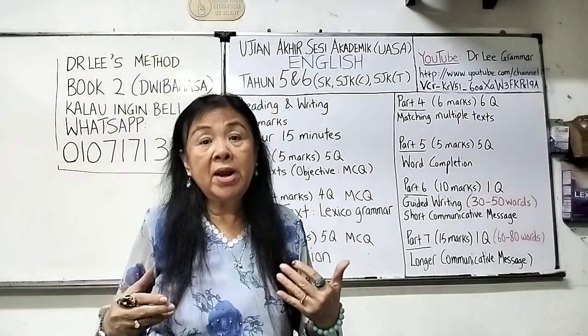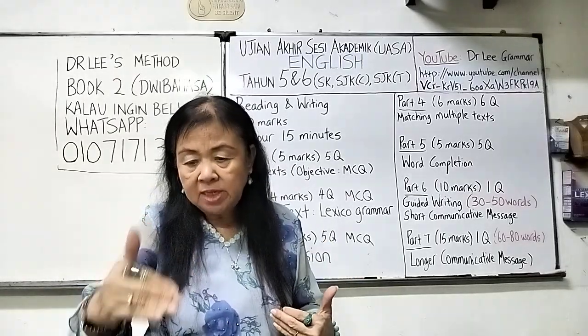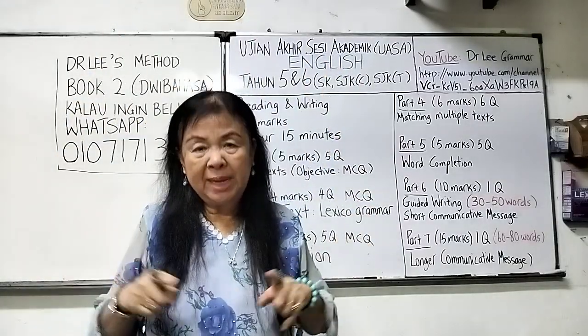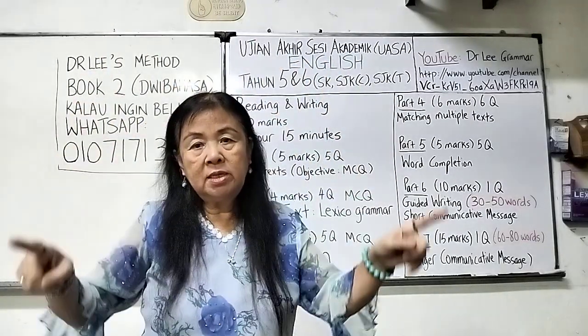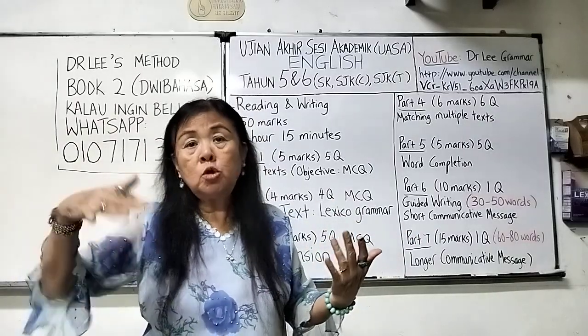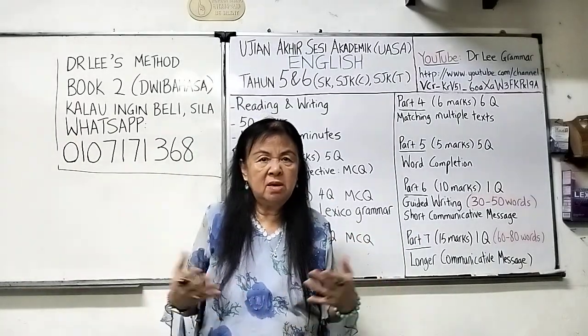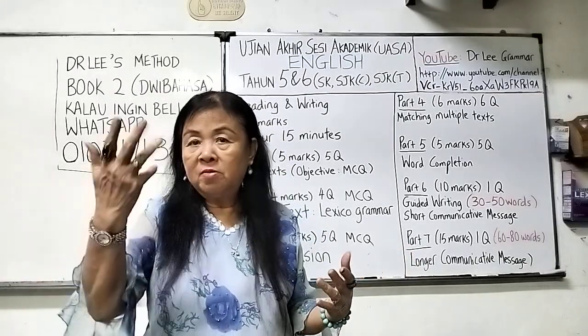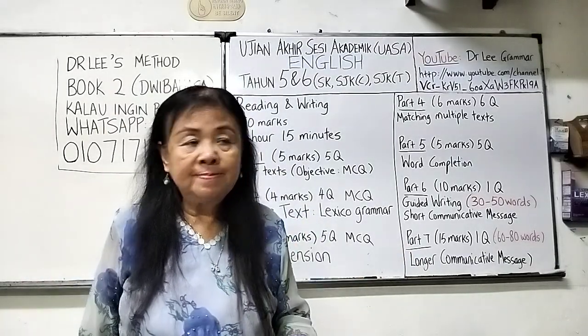You can choose the correct answer. So look at the question, find the answer, and you can get it in the passage. Usually they will say read the passage. The passage could be a story, a factual essay, or an article.